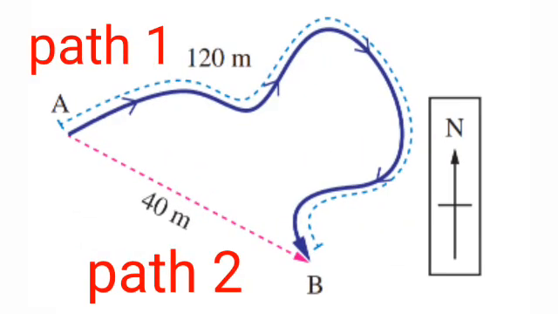Look at this picture. Let us consider a person X traveled from point A to B using the first path. He covered 120 meters in 6 seconds, and another person Y traveled from point A to B using a second path.